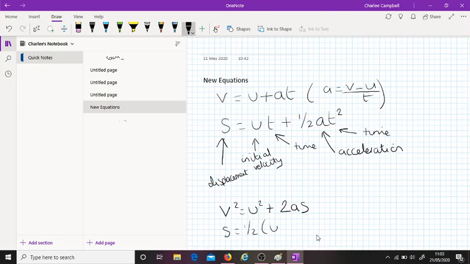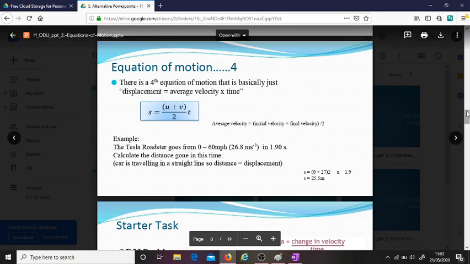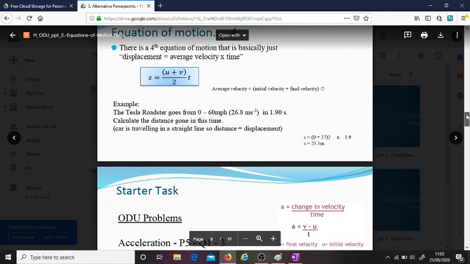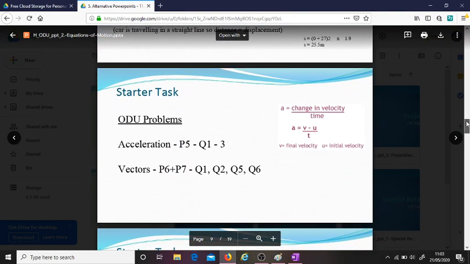So a half U plus V times T. Again, this is used if you need to work out a U or a V and you have an S or a T or whatever.